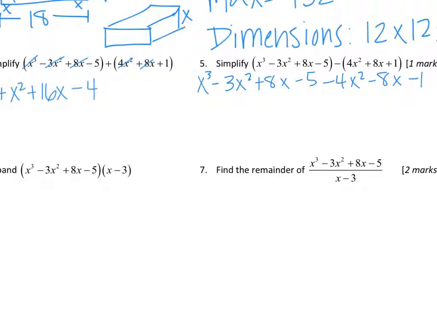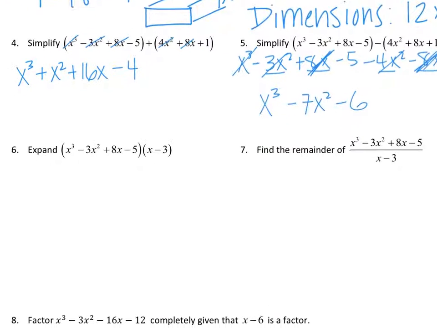Now I will start to combine my like terms. So there's still only one x cubed, but now both my x squareds are negative, so I have negative 7x squared. My 8x and my negative 8x completely cancel out. There's nothing left. And then negative 5 and negative 1 leaves me with negative 6.